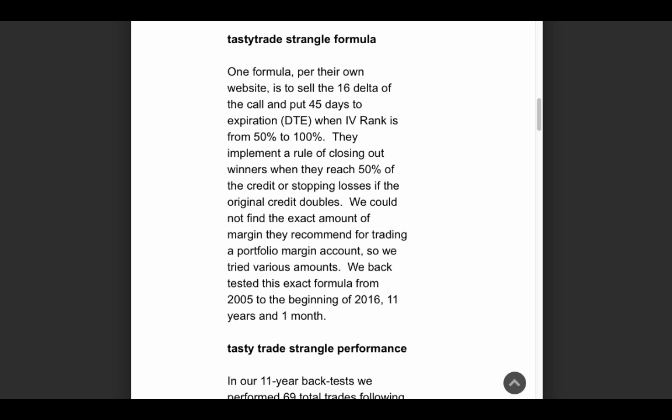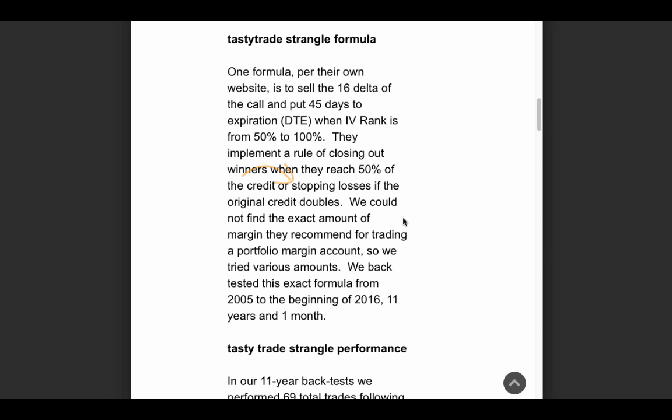They're using an IV rank of 50 to 100 in order to initiate the trade. And then they're closing out those winners at 50% of the credit that they bring in, or they're stopping the loss if that credit doubles.